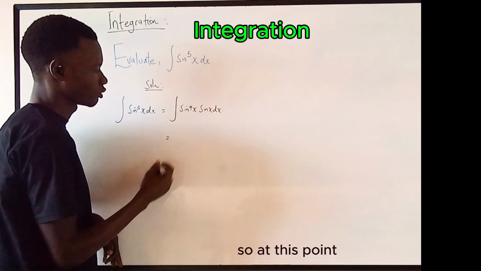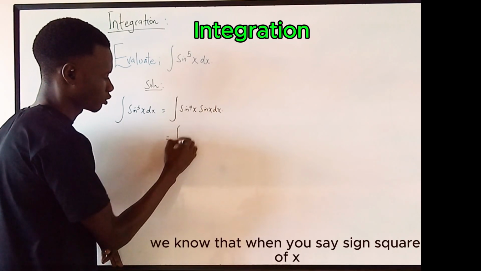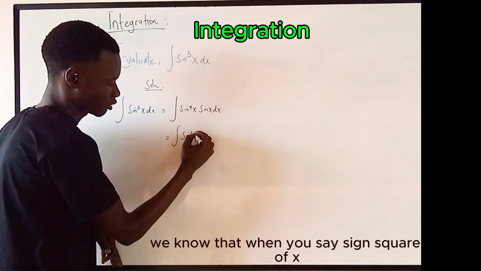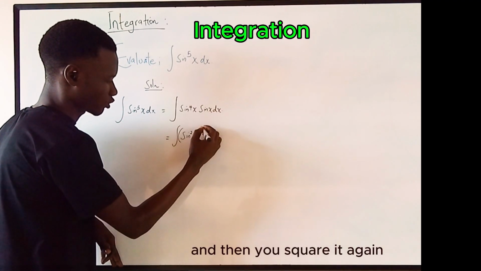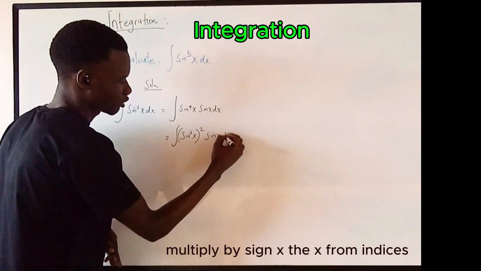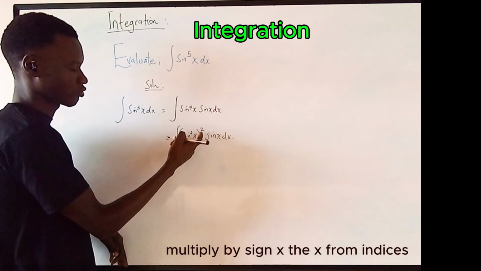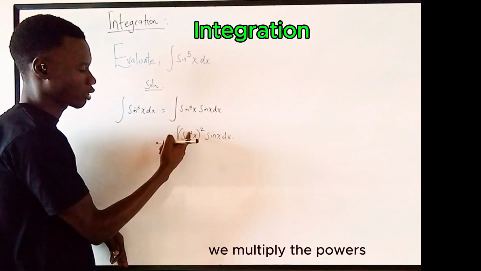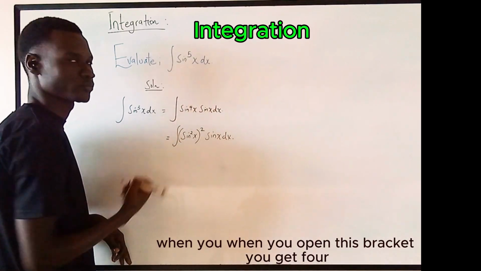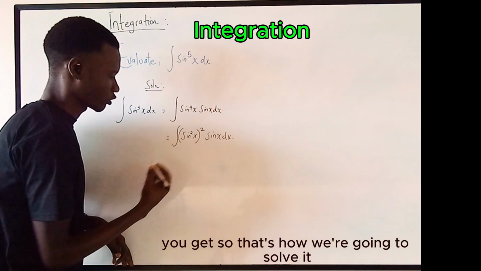At this point, we know that sin to power 4 x is sin square of x, squared again, multiplied by sin x dx. From indices, when you multiply the powers and open this bracket, you get 4. So that's how we're going to solve it.